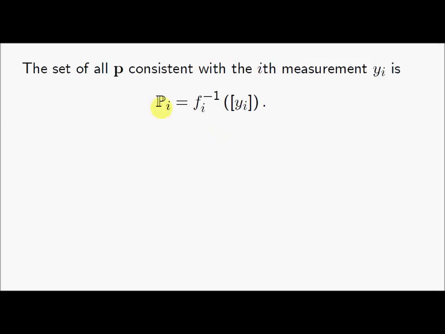I will use the following notation. I will denote by Pi the set which corresponds to all parameter vectors which are consistent with the interval yi. So it can be denoted in a set inversion formulation: it will be the inverse by the function fi of this interval.